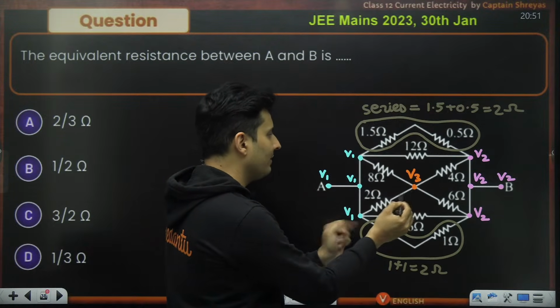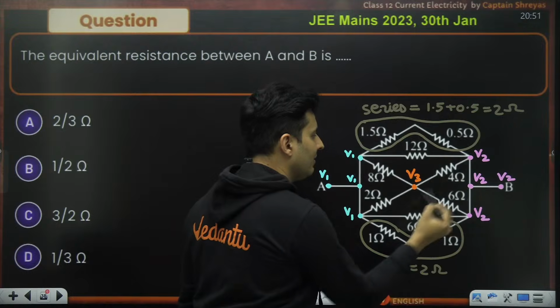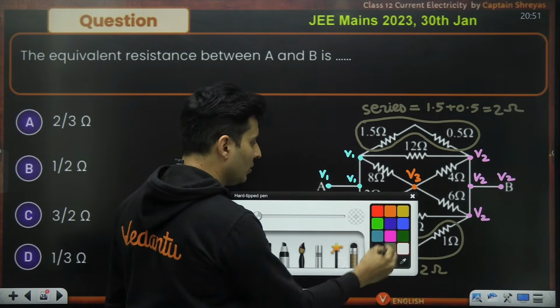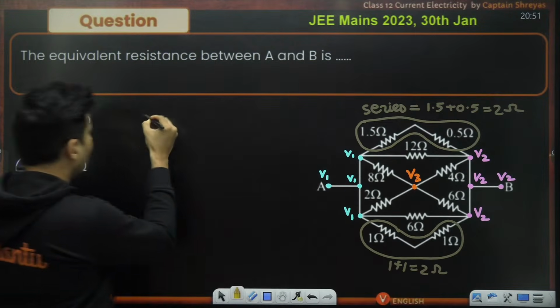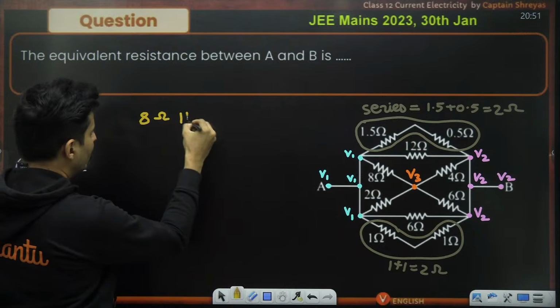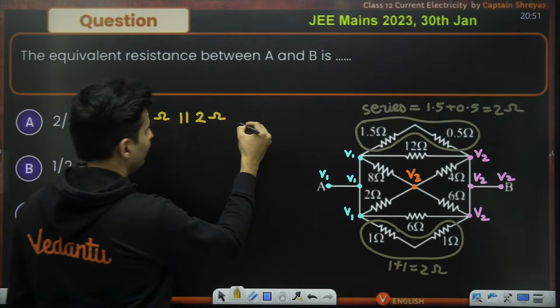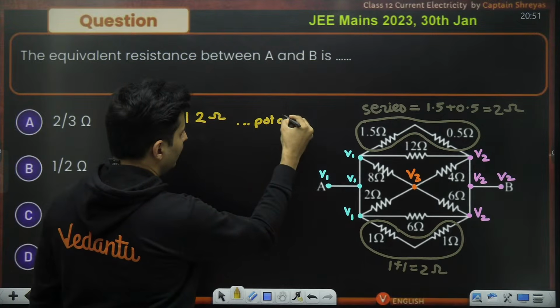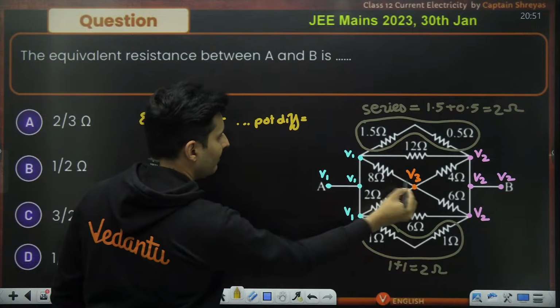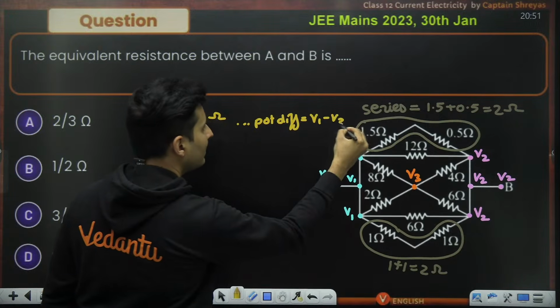Another thing, apart from this 2 ohm and this 2 ohm: look at 8 and 2, V1, V3, V1, V3. This 4 and 6, V3, V2, V3, V2. So can you notice that the 8 ohm is actually parallel to the 2 ohm, with a potential difference of V1 minus V3?